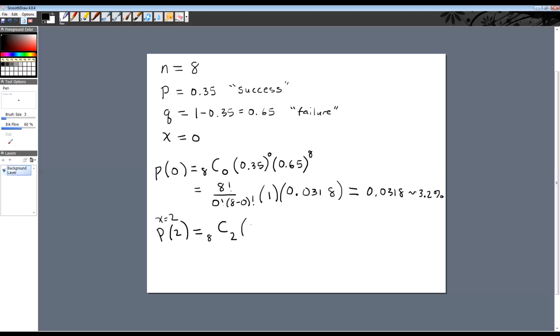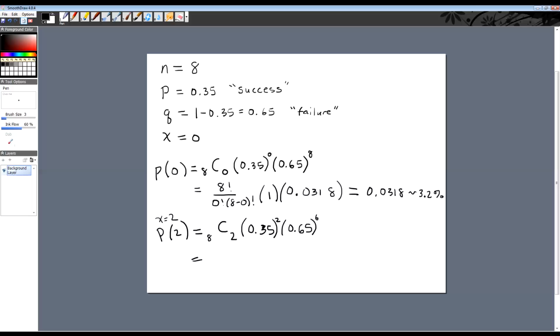The probability of a success, that is undesirable side effects occurring, is 0.35 to the 2, and failure is 0.65 to the 8 minus 2 power, which is the 6th power.